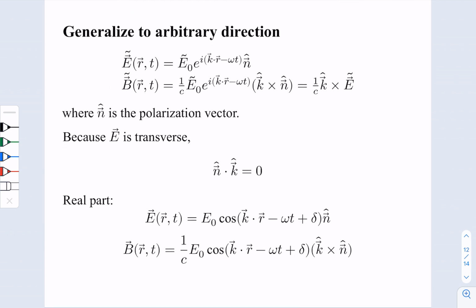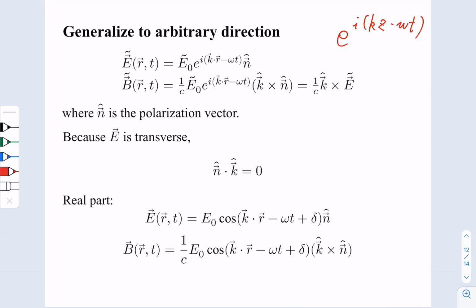Before, we talked about light propagation only along the z-axis. So we wrote down the propagation as e to the i(kz minus omega t). We can actually rotate any axis to the axis of propagation and put that to z. But we can also have a more general form of expression.